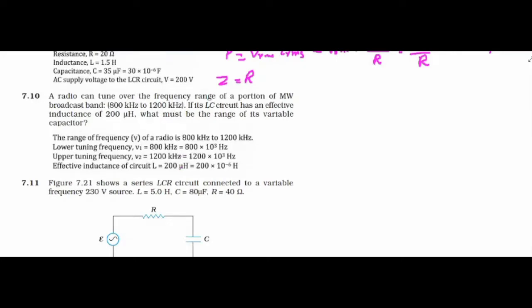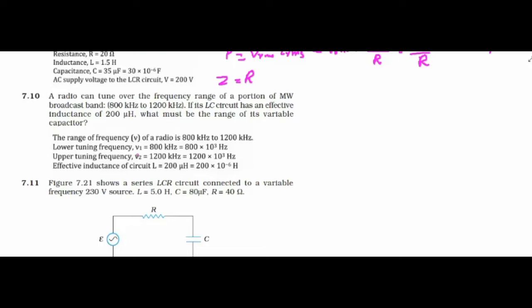Now, next question 10. In question 10, two frequencies are given: nu1 800 kilohertz and nu2 1200 kilohertz. If its LC circuit has an effective inductance 200 microhenry, what must be the range of the variable capacitor? We know LC circuit is used in a tuning circuit, and in a tuning circuit we have an inductor and a variable capacitor.